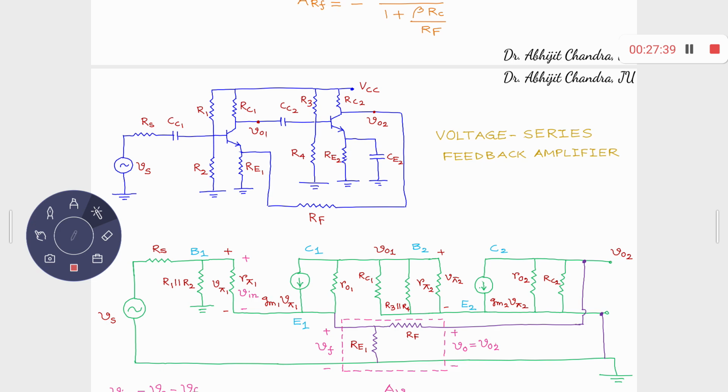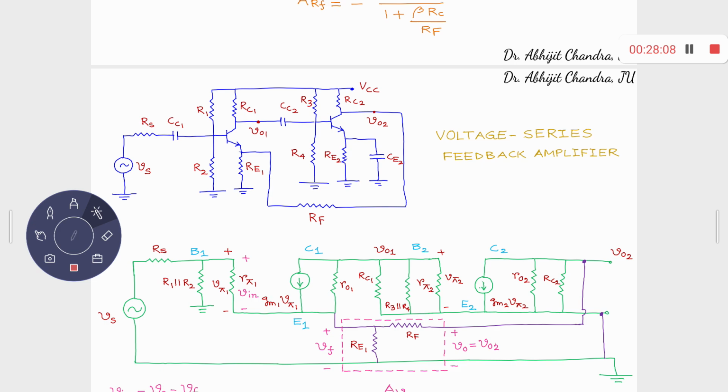So voltage sampling and series mixing. So it is known to be a voltage series amplifier. Right? So voltage series feedback amplifier using multi-stage common emitter amplifier. I have already explained why it is not possible to have a single stage common emitter amplifier to develop a voltage series kind of feedback.